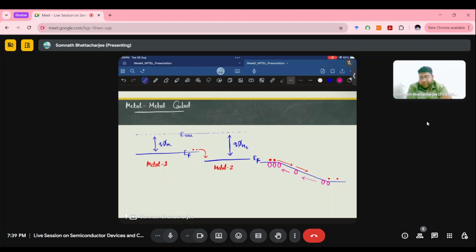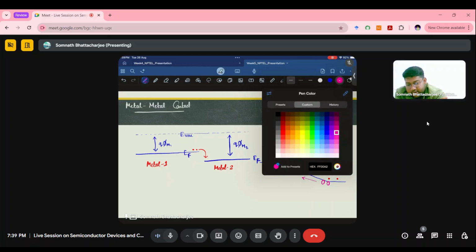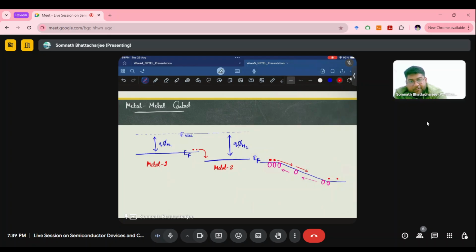In case of metals, there are a huge number of mobile electrons, and these electrons will flow, and based on that this contact forms, and this kind of thing is called the work function difference. So we tend to avoid the work function difference, that is, the work function mismatch.